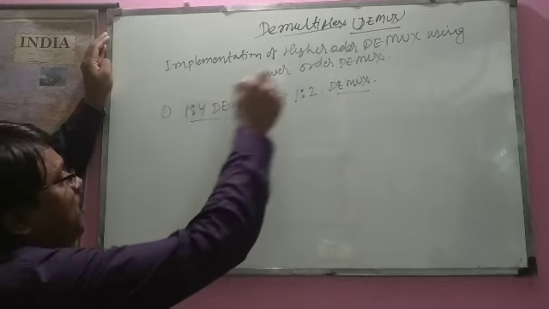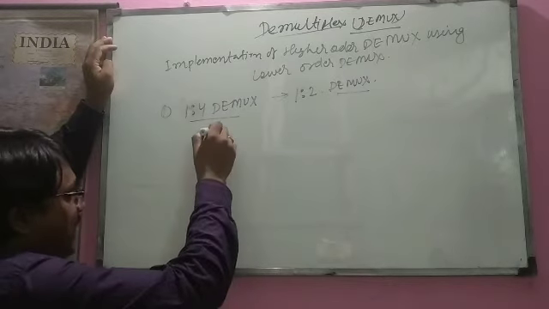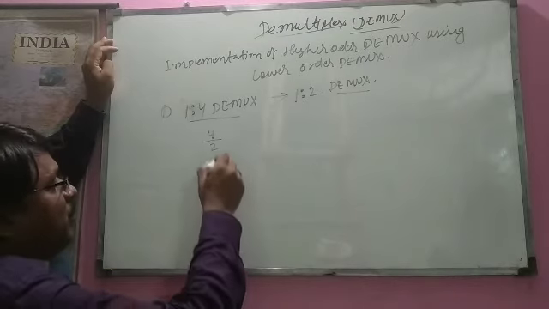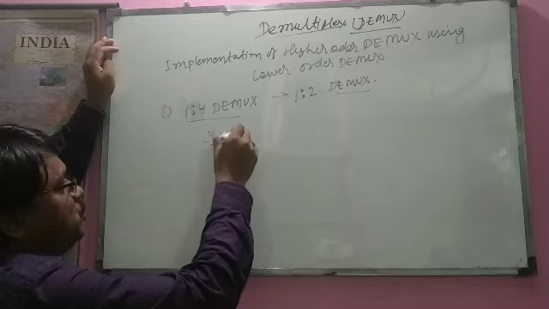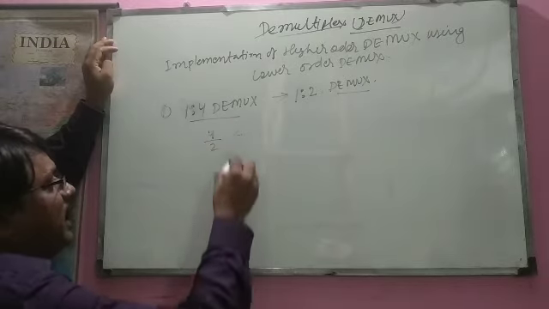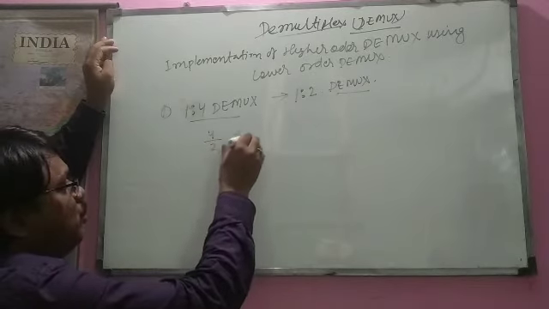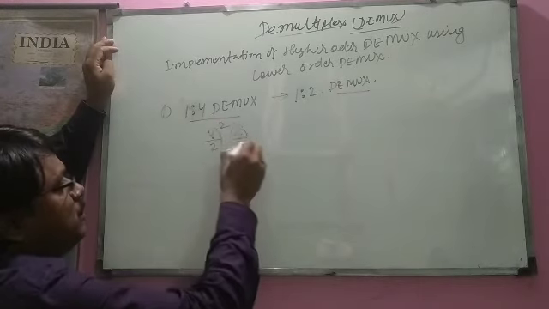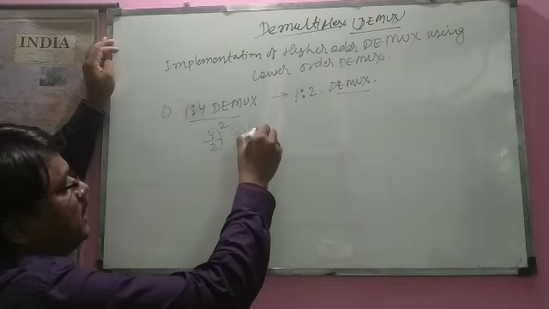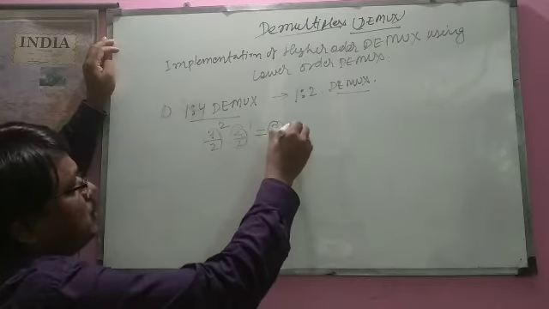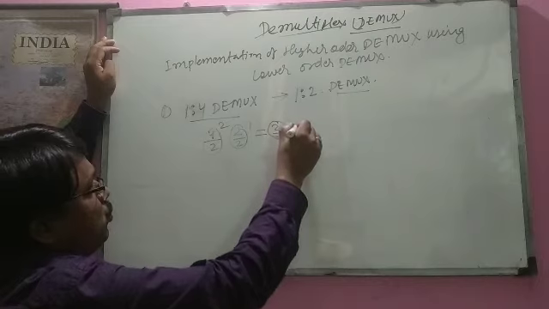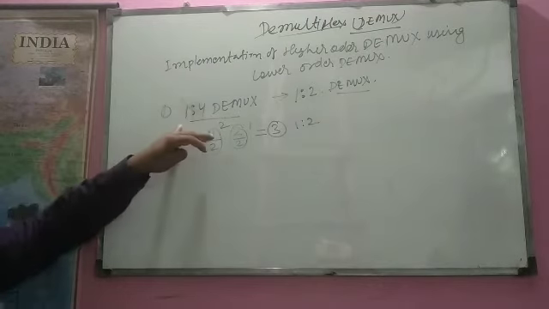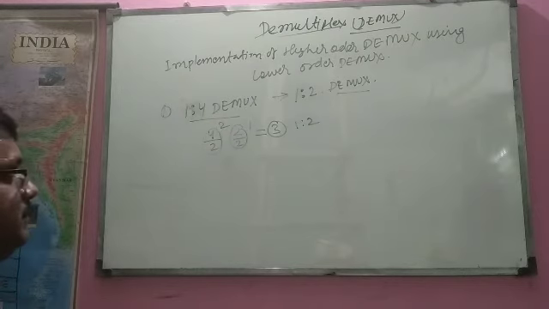Here it is 4, here it is 2. So divide this 4 by 2. So what we will get? We will get 2. And again divide this 2 by 2. So here it is 2 and it is 1. So 3 1:2 demux are required to implement the 1:4 demux.